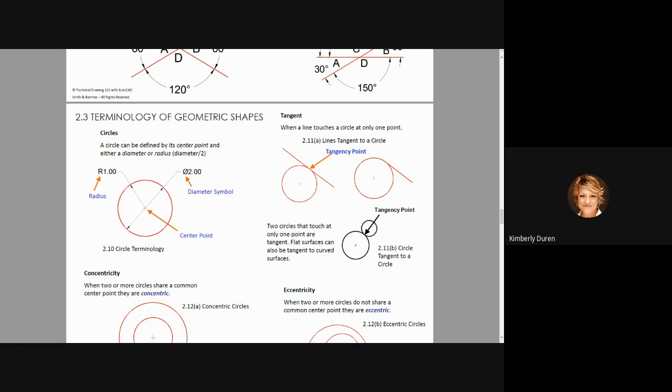Now, when I want a line to be tangent to a circle or an arc, it is going to be at an angle. This line will be at an angle so that it's absolutely smooth and there will be no edge where they touch. There won't be a little divot and there won't be a bump out. It will be absolutely smoothing out like that railroad track.